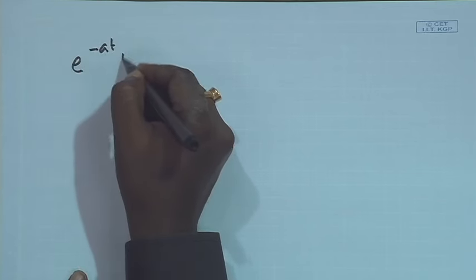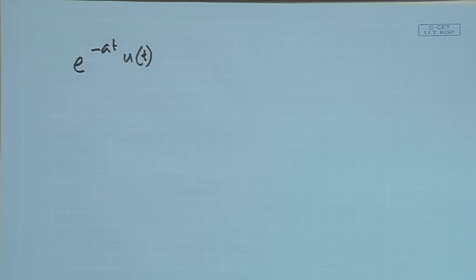Now let us try to derive a few Fourier transform pairs. Let us say I have a signal e to the power minus a t u(t), where we have already defined u(t): from minus infinity to 0 it is 0, and from 0 onwards its value is 1.